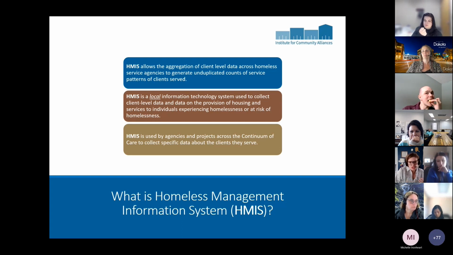It's local information that provides the information on housing services and individuals experiencing homelessness or at risk. And then the HMIS is used by agencies and projects across the North Dakota COC, and they collect different information on the clients that they serve. We'll get into a little bit more detail about what data is collected.